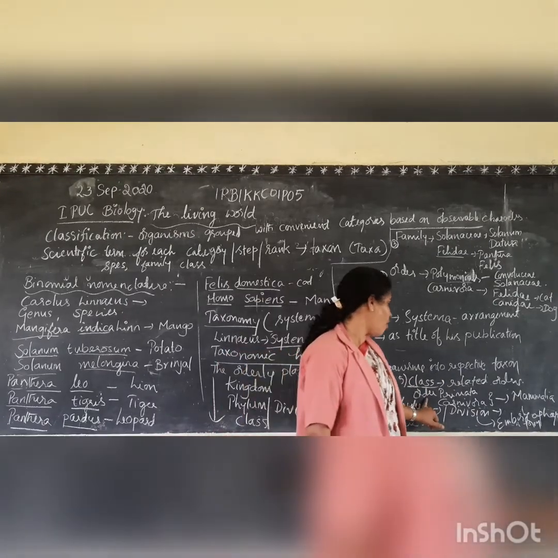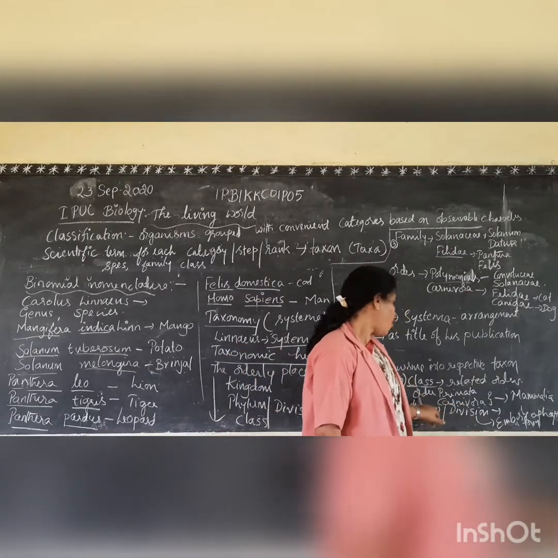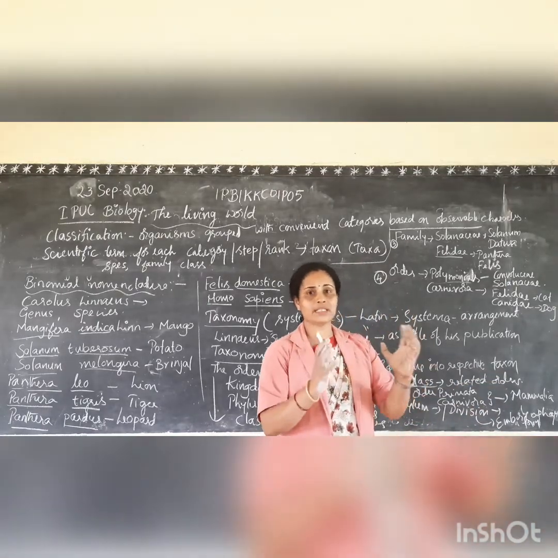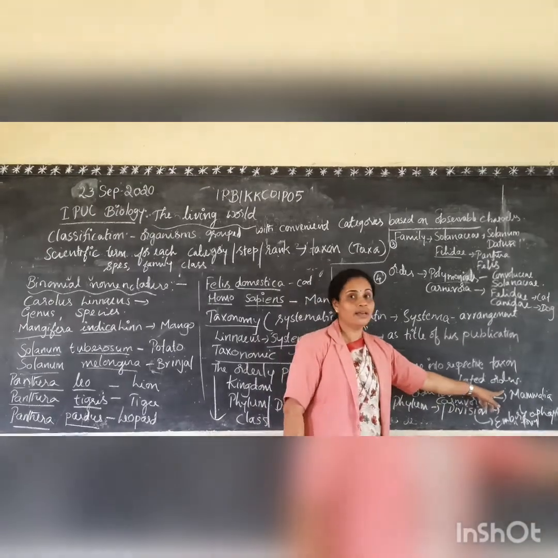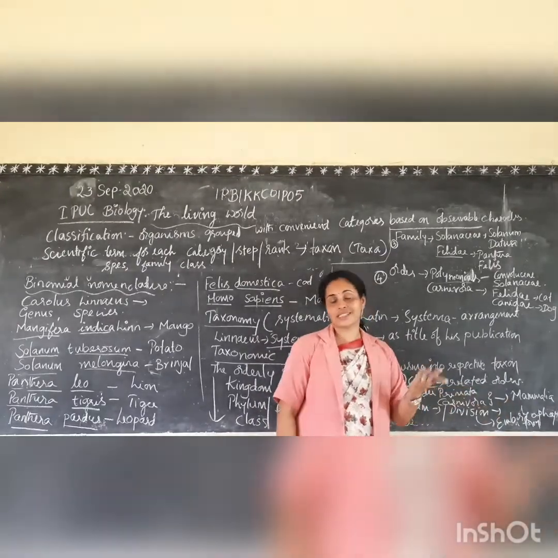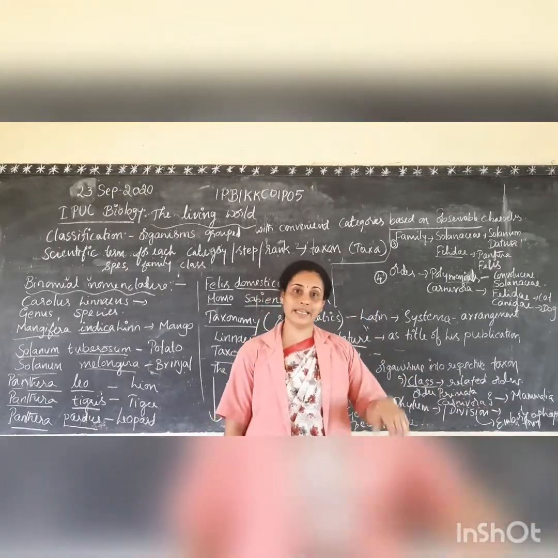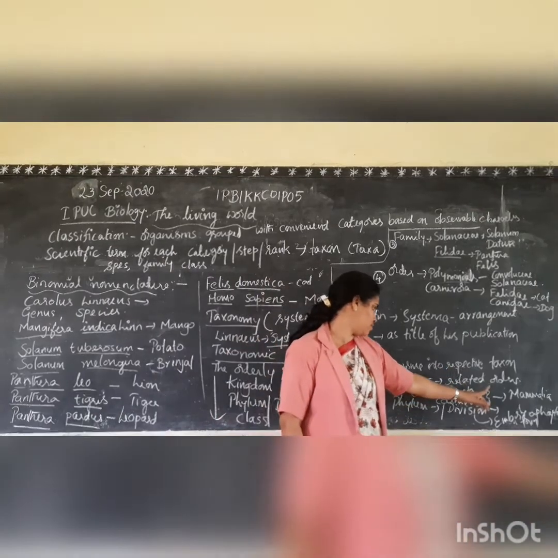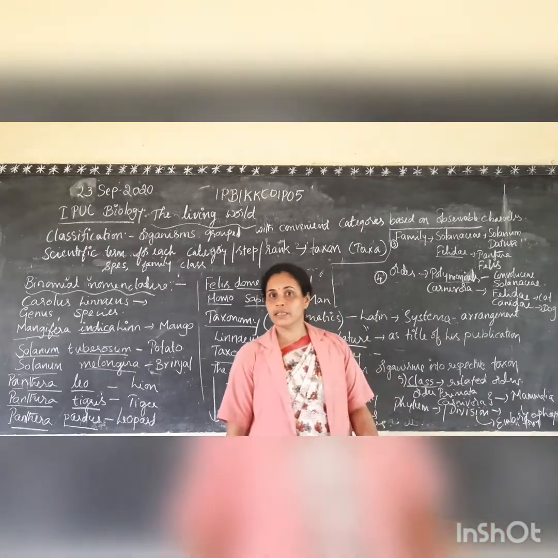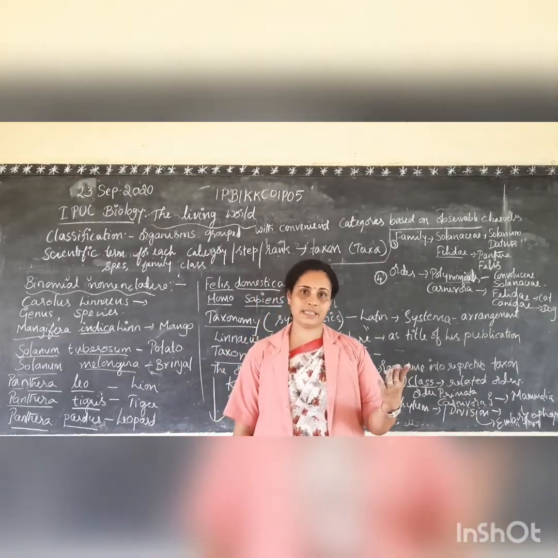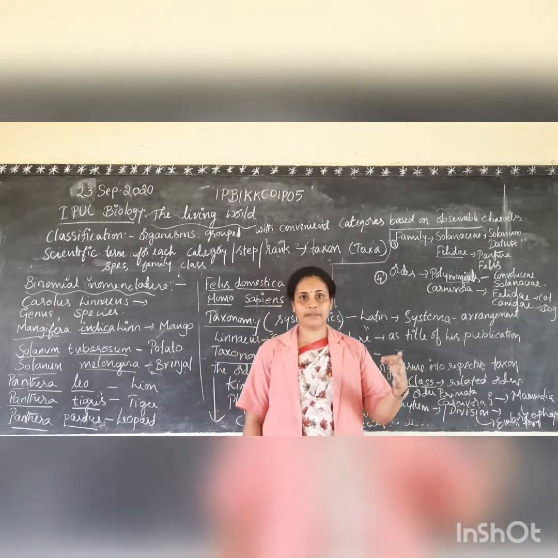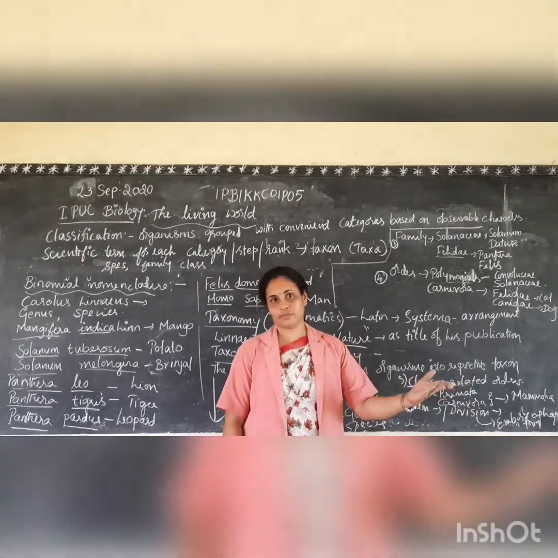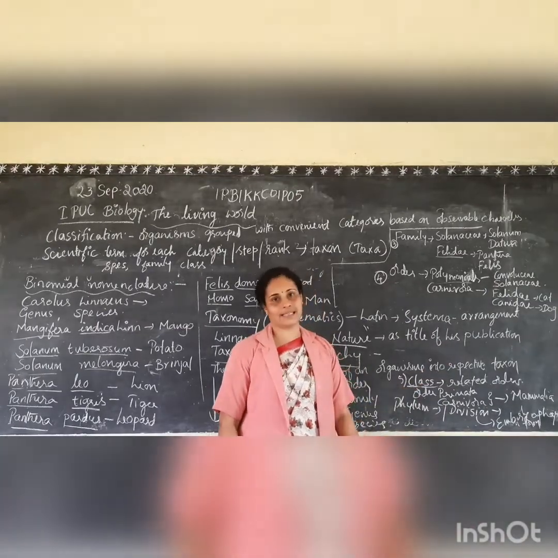For example, order Primates and order Carnivora are different orders, but they are placed in one class, Mammalia. Mammals are milk-secreting animals that nourish their young ones with milk. In chordates there are five classes: Pisces, Amphibia, Reptilia, Aves, Mammalia. These are all classes.